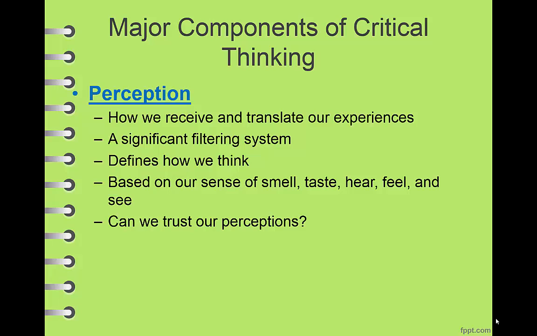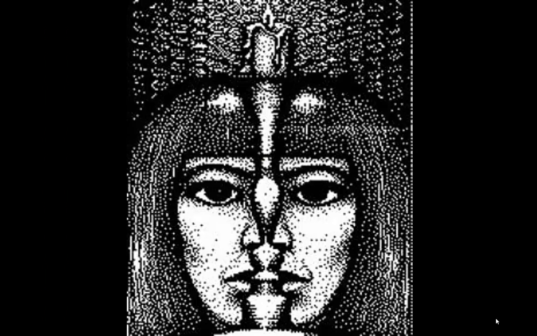important resource. So it's not only based on our senses, but our trust in our perceptions, what we perceive to be real. And you probably know that sometimes what we perceive is not necessarily reality, or it may be a series of realities. So for example, when you look at this picture, do you see one face or do you see two faces?